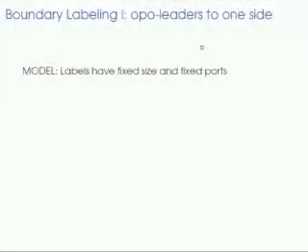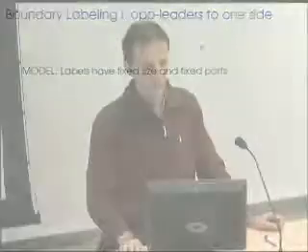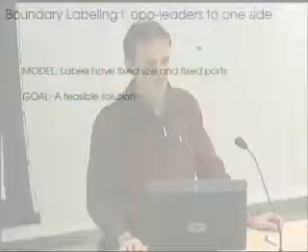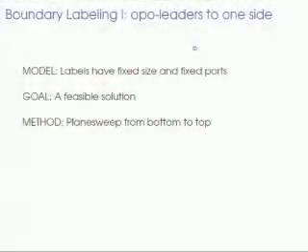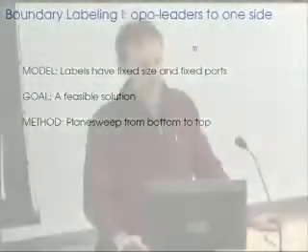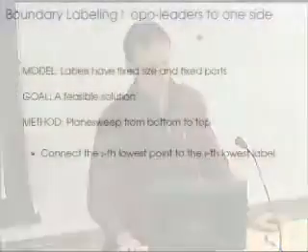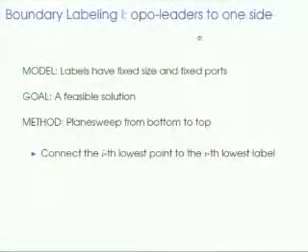Again, summary of this algorithm. The model is you have a fixed size and fixed ports for the labels. The goal is to find a feasible solution, just a solution, no real optimization. And the method is just a plane sweep from top to bottom, from bottom to top, whatever.